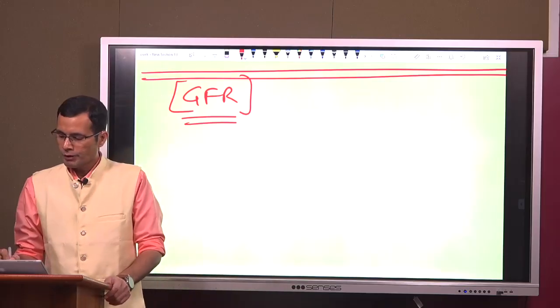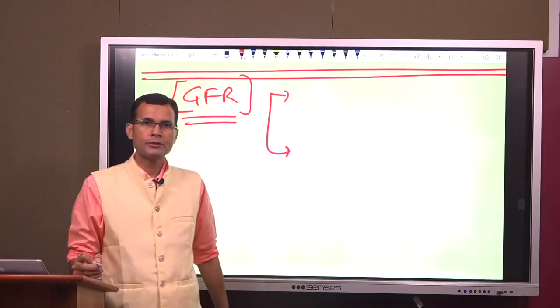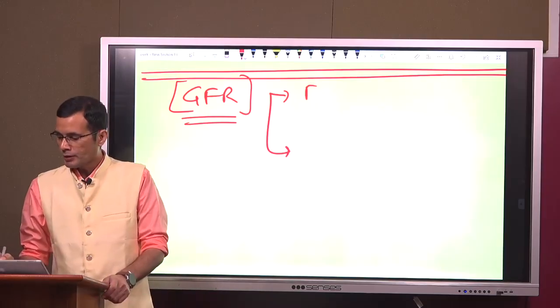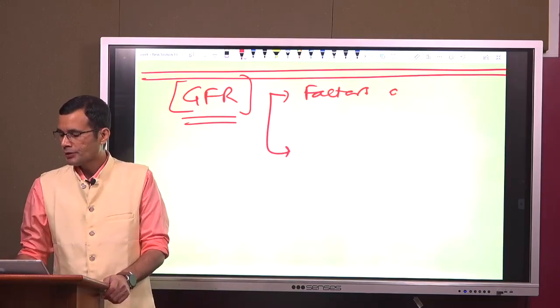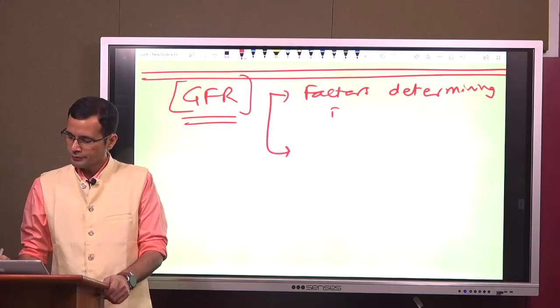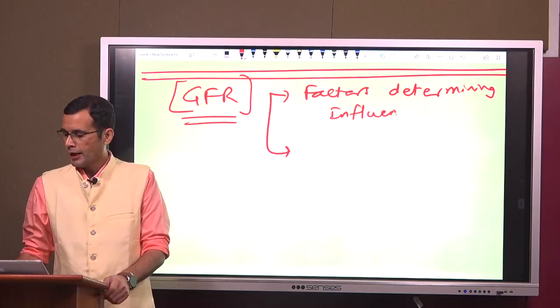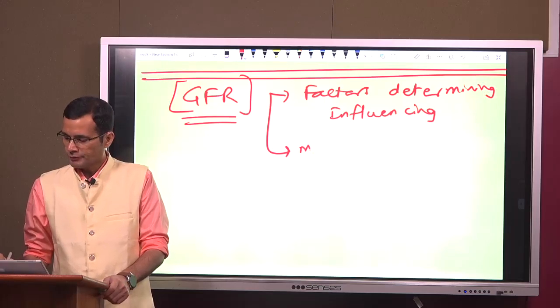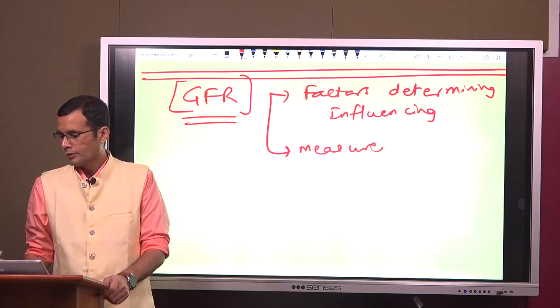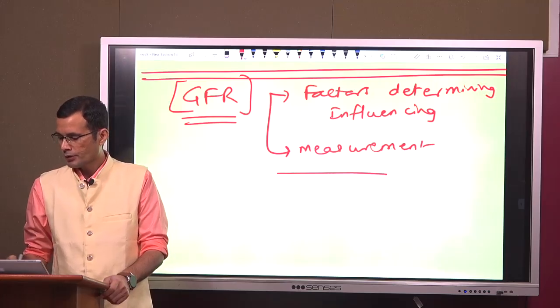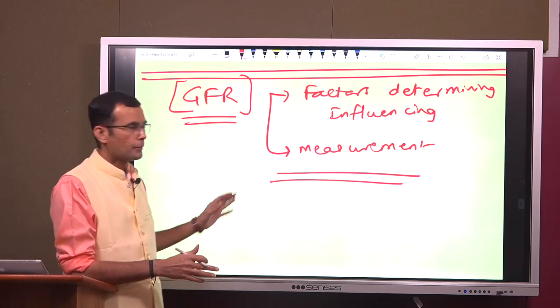Basically, we will be discussing two major aspects of it: factors determining and influencing the GFR, and measurement of GFR. These will be the two things which we will mainly discuss in this particular section.